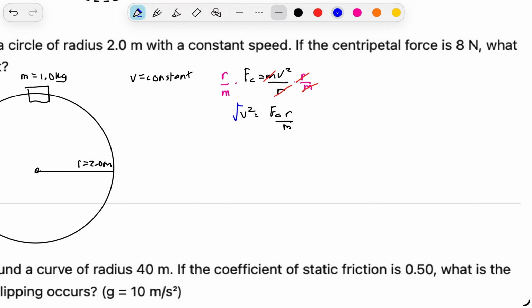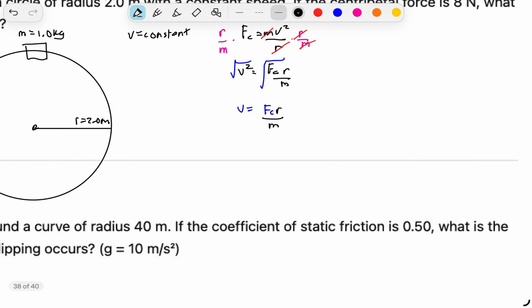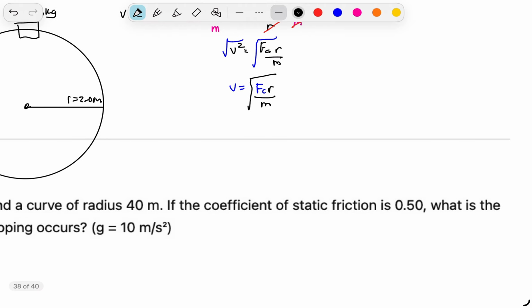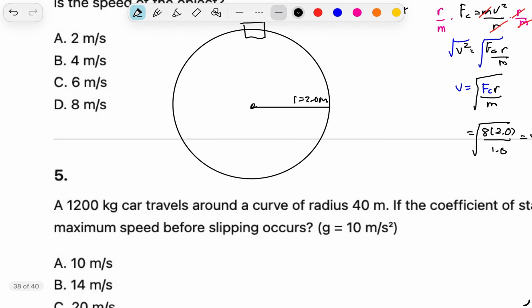Then if you take the root of both sides, v is equal to the root of your Fc times your radius over your mass. So let's just substitute in everything. You have 8 times 2.0, the root of all this, divided by 1.0, and that's equal to the root of 16. That's going to equal 4 meters per second, and that's going to be B.